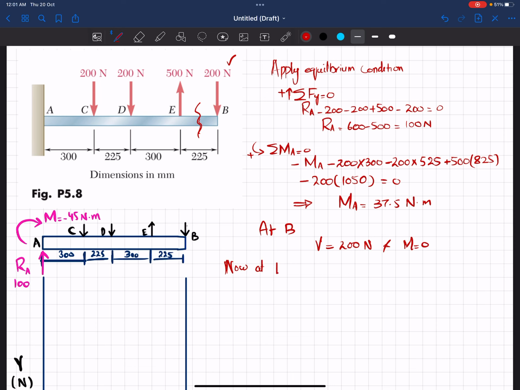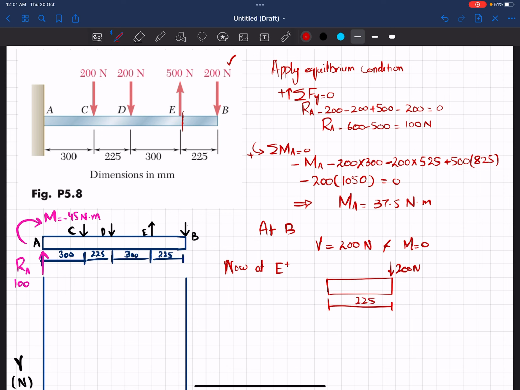Now at point E plus. What does E plus mean? E plus means that you section the beam near point E, but just slightly before point E, not exactly at point E. When you cut it, the beam looks like this: point B, where the 200 Newton load is applied, and the distance from B to E is 225.